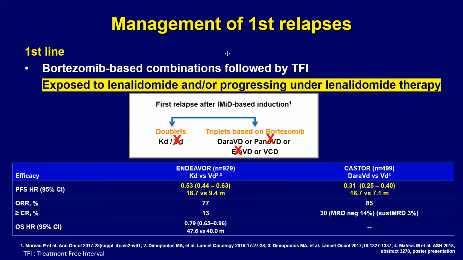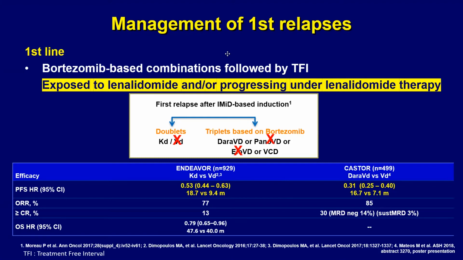But in relapsed patients, there is some advantage for carfilzomib-dexamethasone versus Velcade-dexamethasone, with a progression-free survival of 18.7 months compared to 9.4 months, with an overall response rate of 77%, and overall survival of 47.6 versus 40 months.